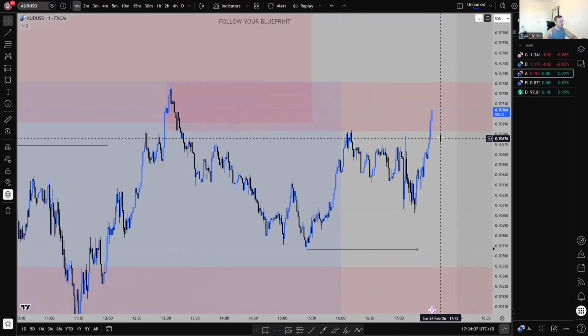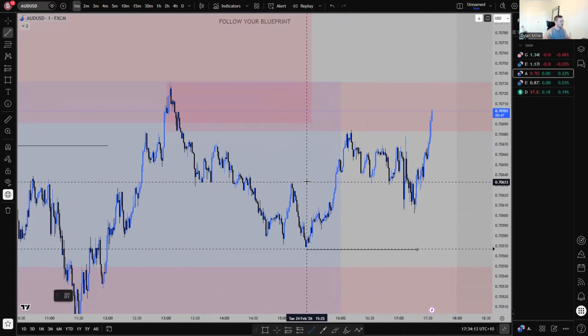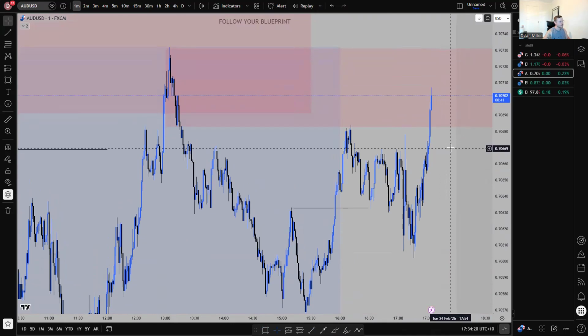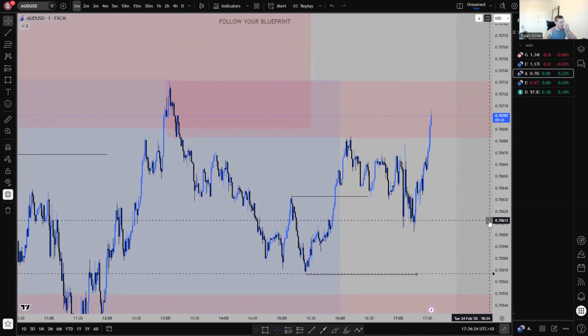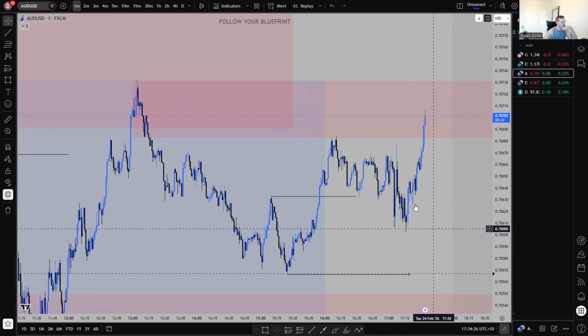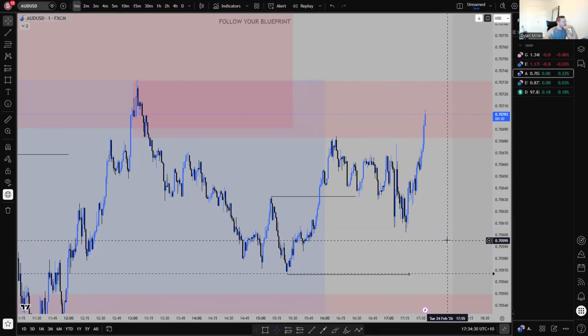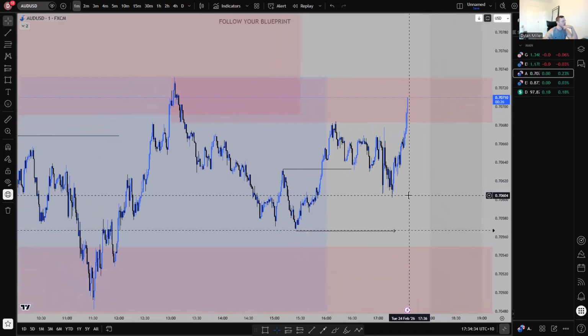No, there is no entry there for me. Its structure is horrible. What is that? Yeah, this is going to just push through where it is more than likely, unfortunately.